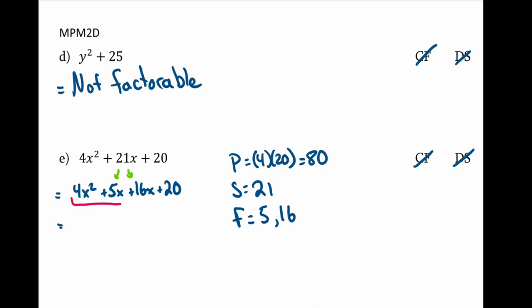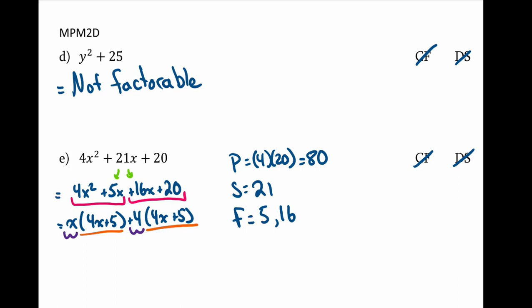Now I'm going to focus on factoring by grouping. So I'm going to look at the first two terms. I see there's an x that's common. I'm left with 4x plus 5. In my second pair, there is a 4 that's common. So a positive 4, and then I'm left with 4x plus 5. This works out because I can see that I have the same bracket, which is the goal.